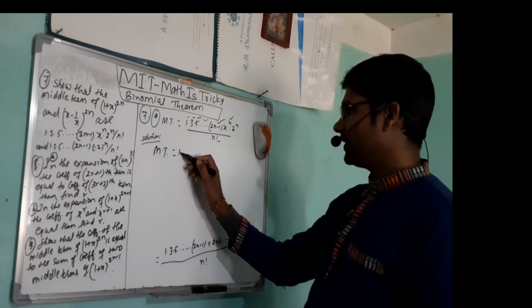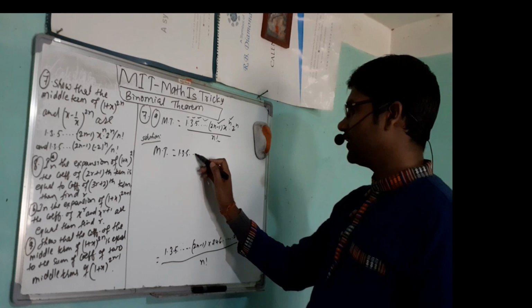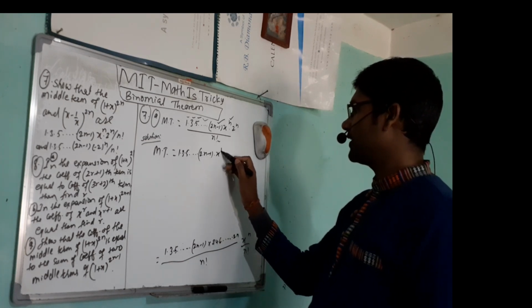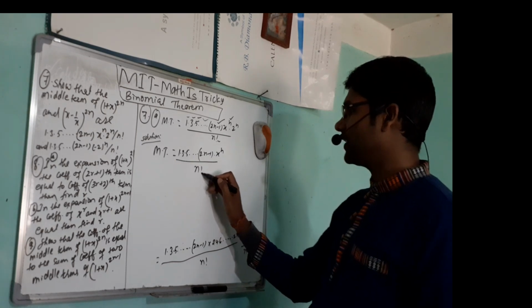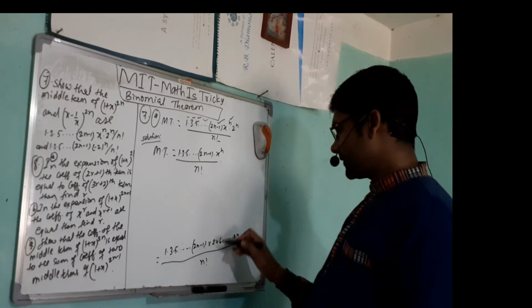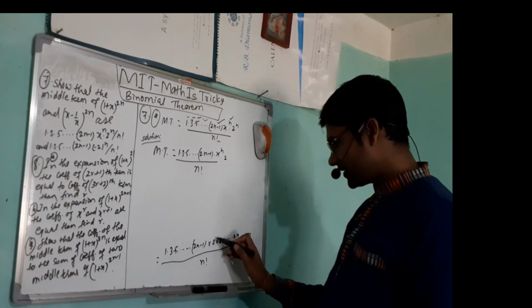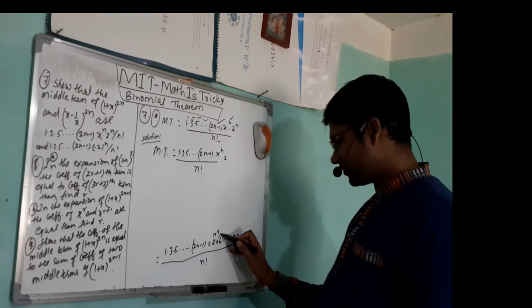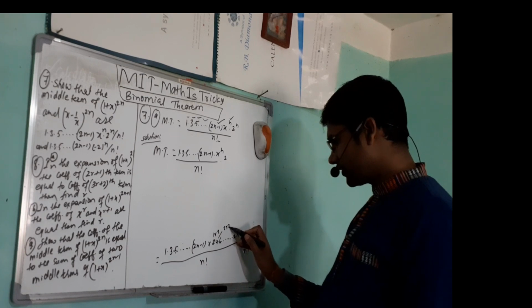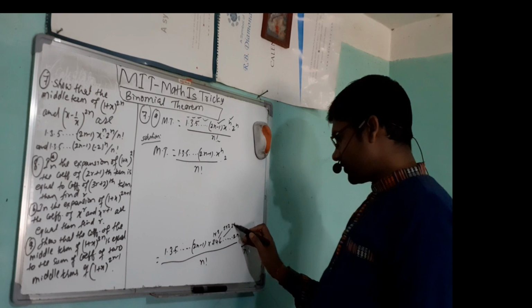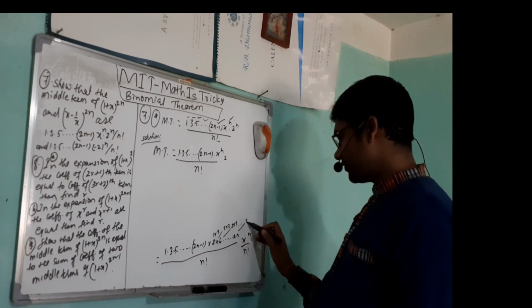So 1 into 3 into 5 ... 2n - 1, then x^n by n factorial we have. Now the remaining is here. If we take 2 common, just I'm taking 1 into 2. For this we can write 2 into 1, for this we can write 2 into 2, for this 2 into 3, and then last, dot dot dot, this can be written as 2 into n.